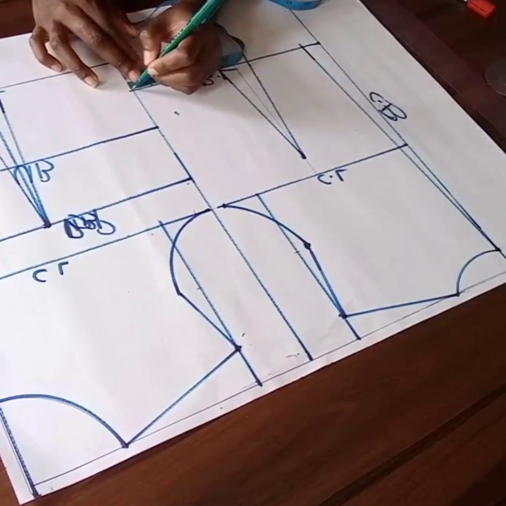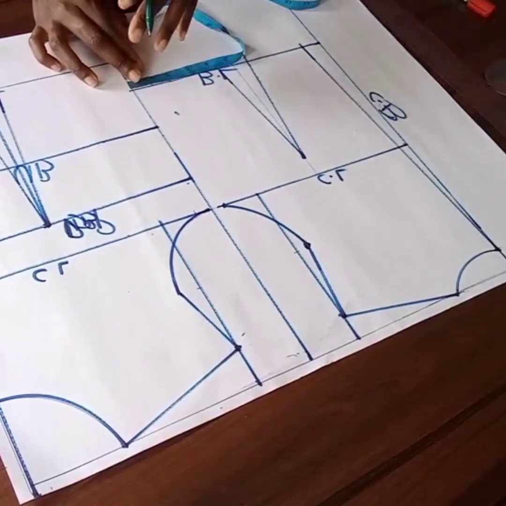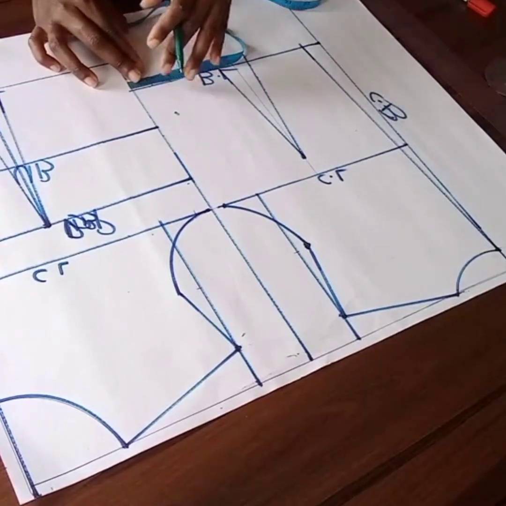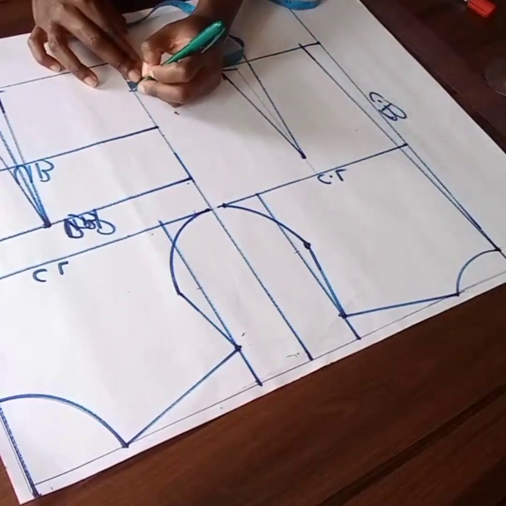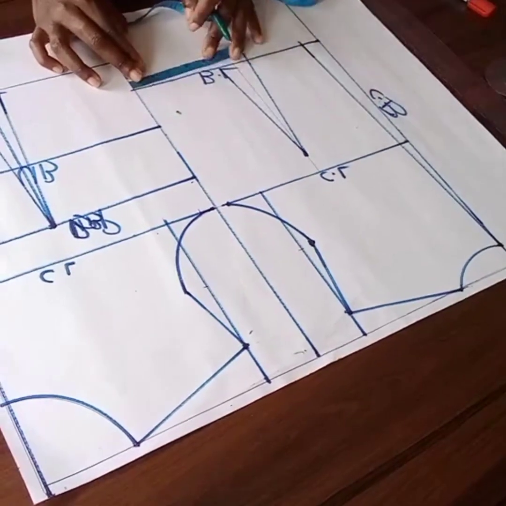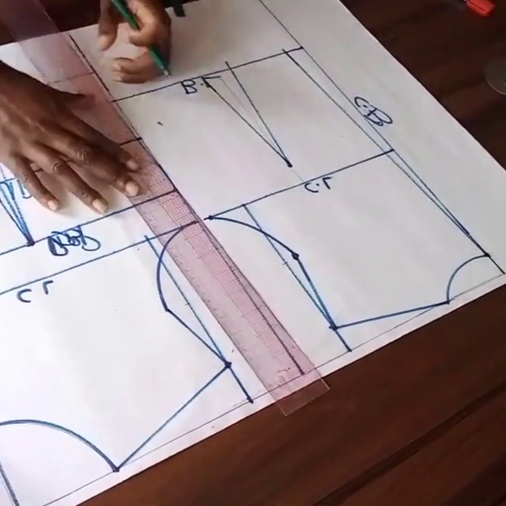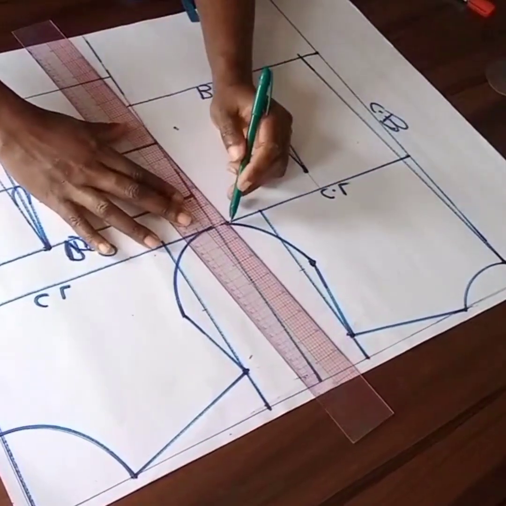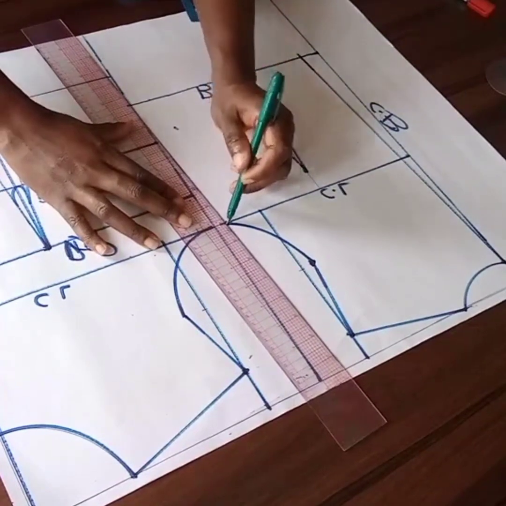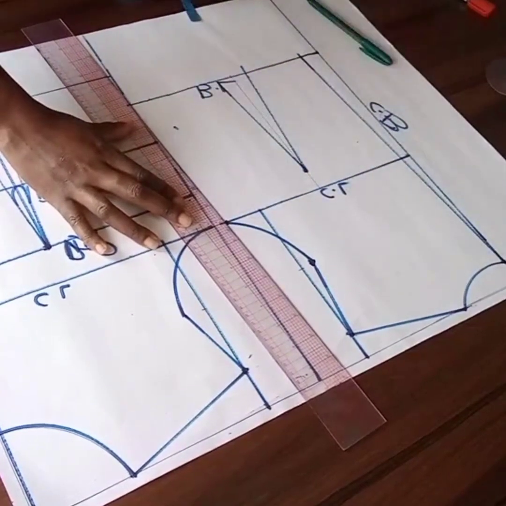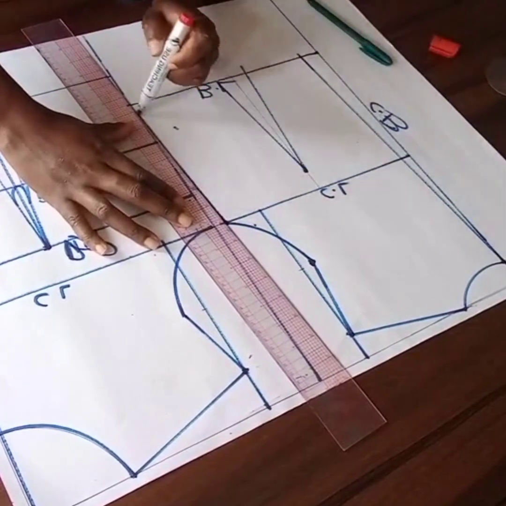But if I'm transferring into my fabric, I'll make sure it's complete. So I'll just be putting the 1 inch that I have left here. Then I'll draw a straight line meeting the bust point.